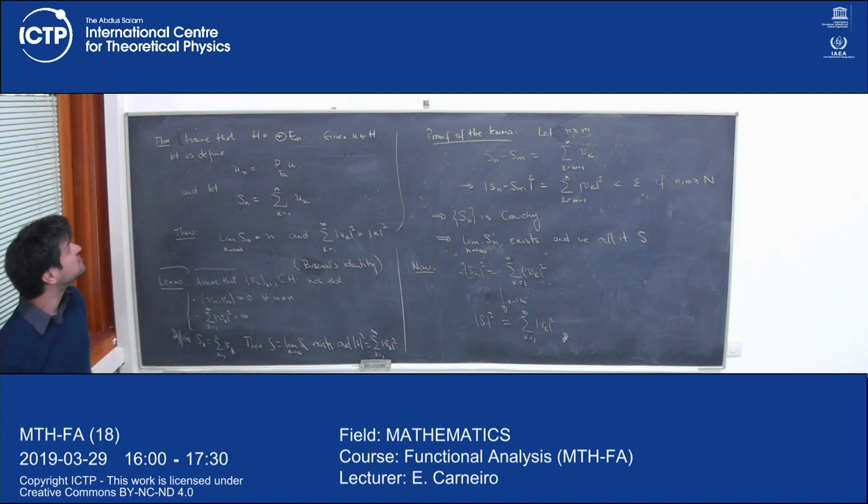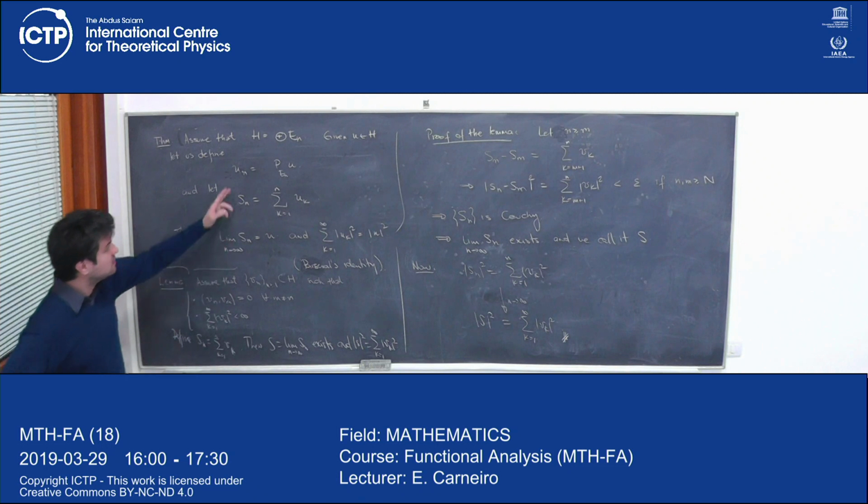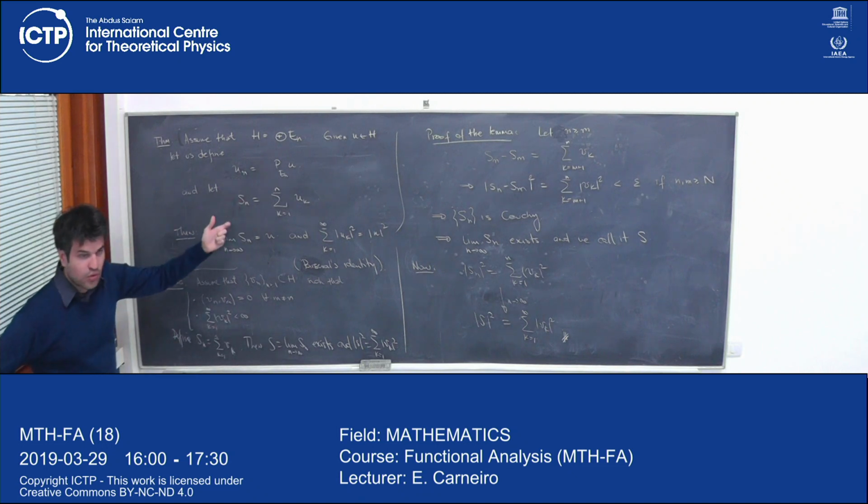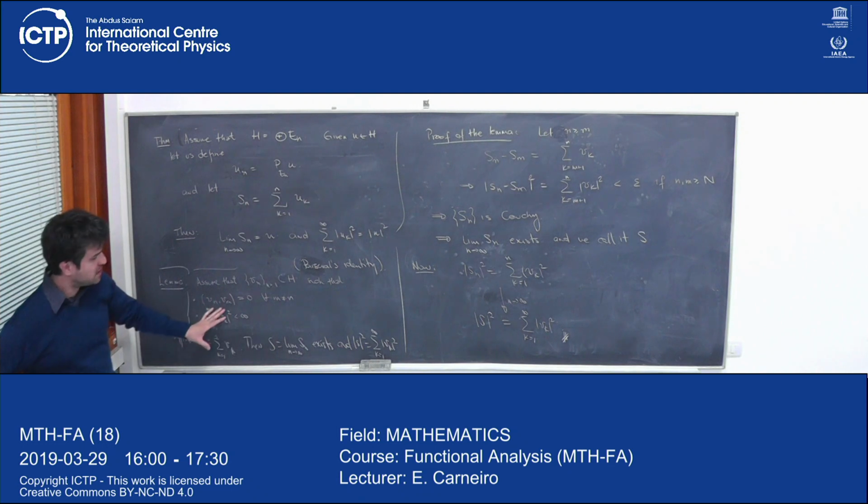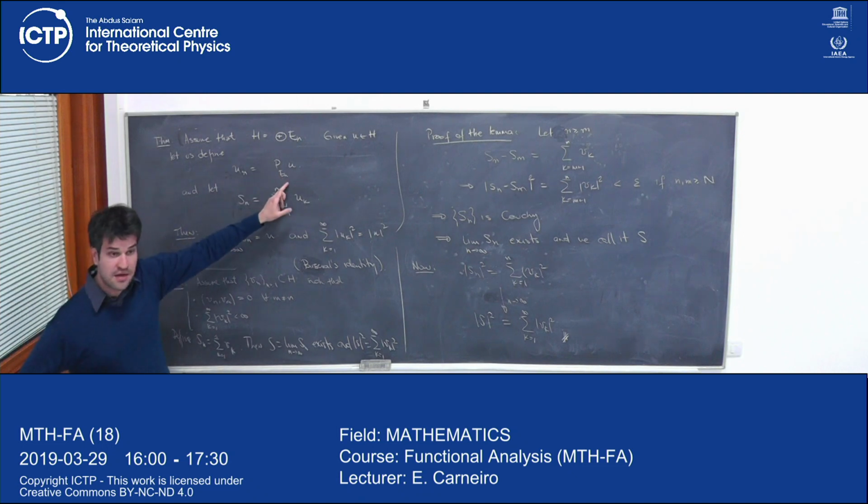How would I apply this to the situation? Perhaps we should think about my Un being this sequence Vn. If I wanted to apply the lemma that we just proved to this situation, my Un will be the Vn, so Un belongs to the space En.